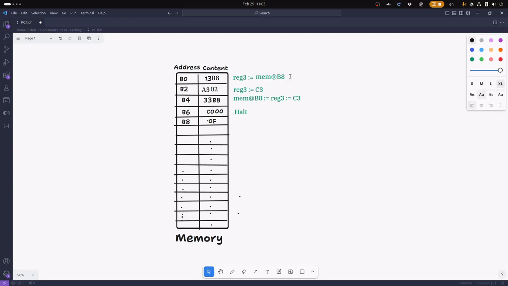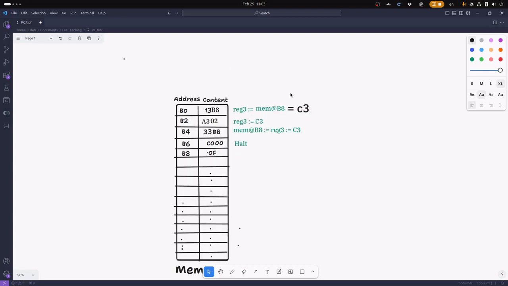So as a result, the value of register 3 is now, not C3, it will be 0F, because before it was 0F. Then we execute the next instruction. It means whatever bit pattern we have in register 3, which was 0F, we need to do a circular shift to the right 2 times.